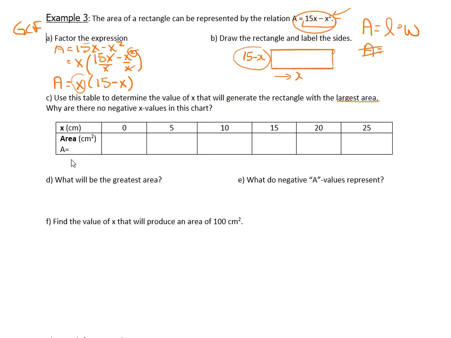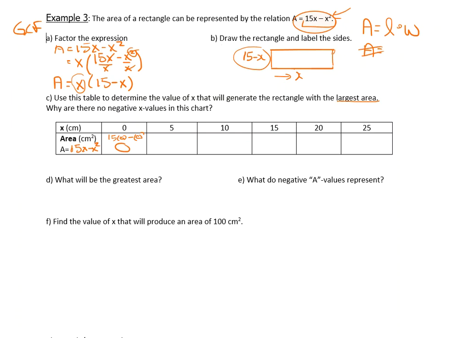Well, remember our formula? Our original formula is 15x minus x squared. So if I sub a 0 in here, I'm going to get 15 times 0 minus 0 squared. That's 0 minus 0. I'm getting 0. Of course it's 0. If I have a length that is 0, then the area is going to be 0.